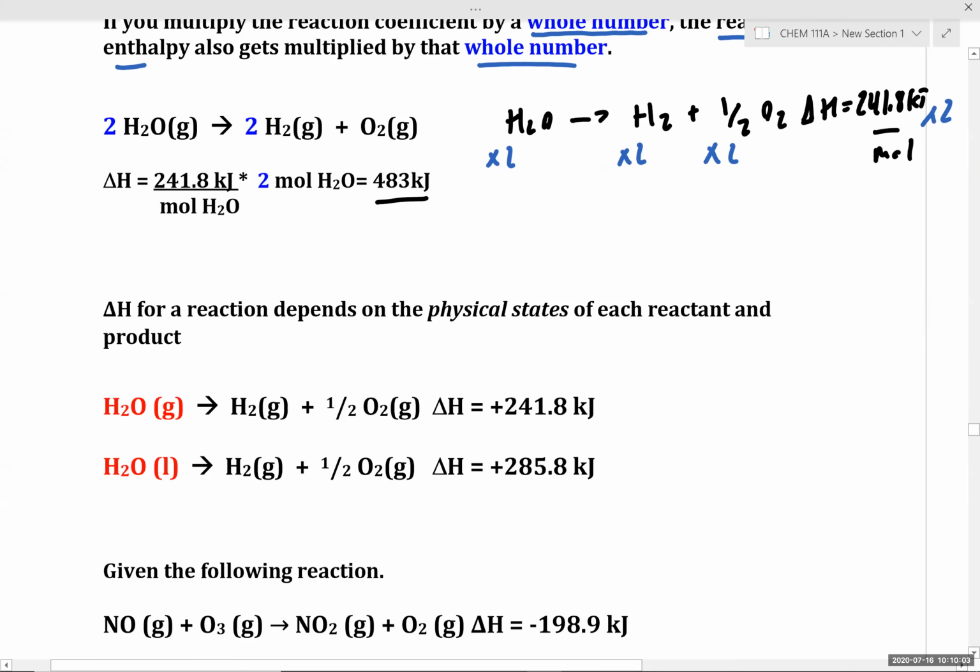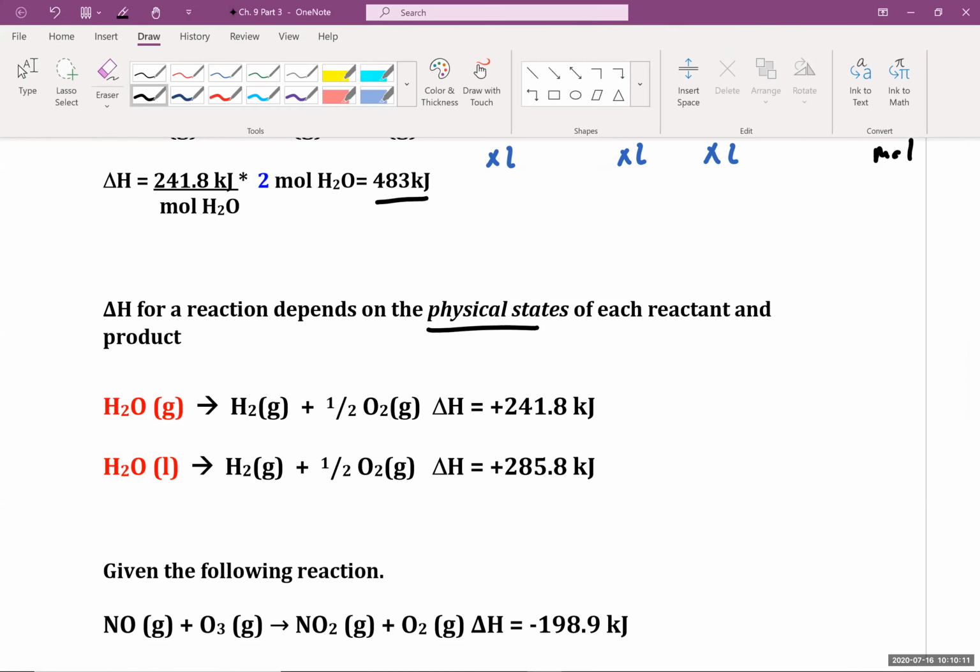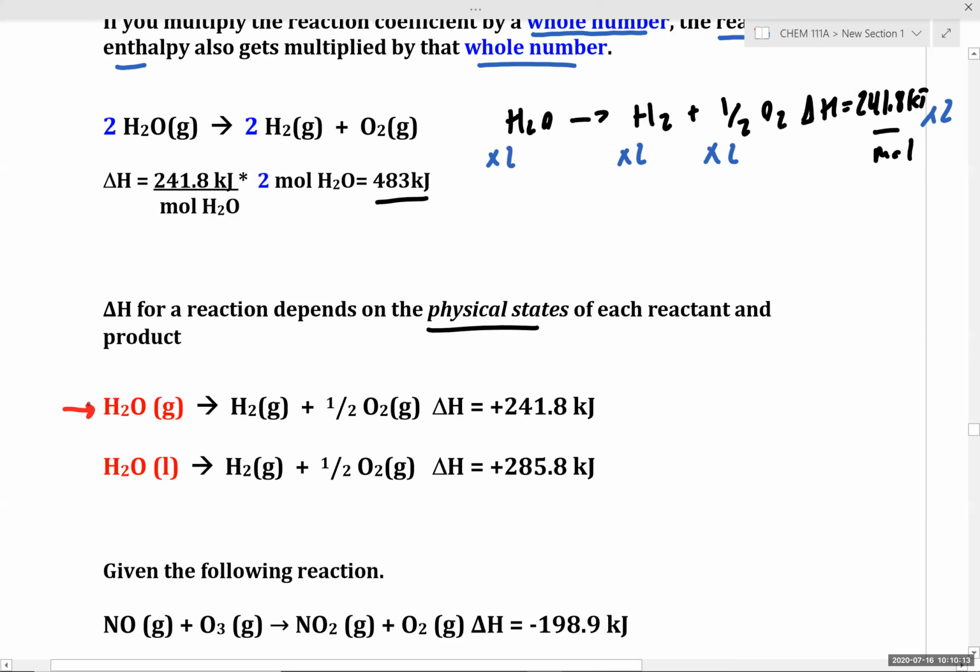Now, the enthalpy of a reaction also really closely depends on the physical states of each reactant and product. As you notice, if we compare a reaction involving gaseous water to a reaction involving liquid water, there is a relatively large difference in the enthalpy associated with each reaction. That difference is the enthalpy associated with a phase change.